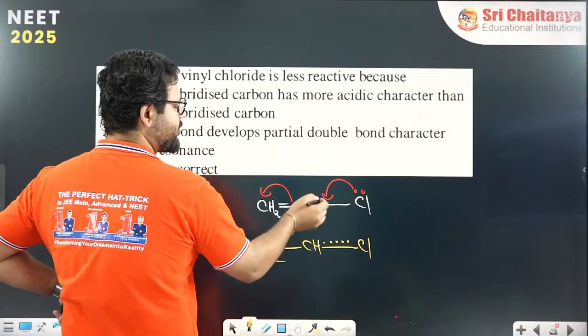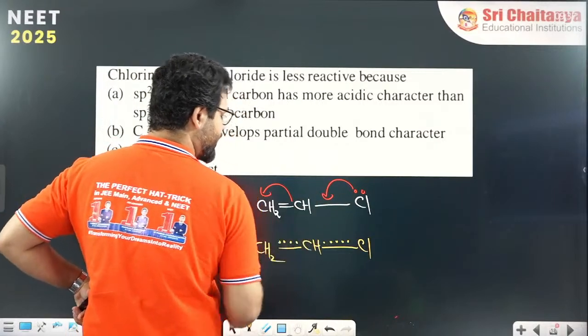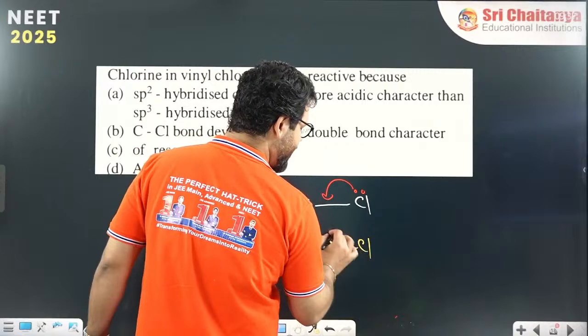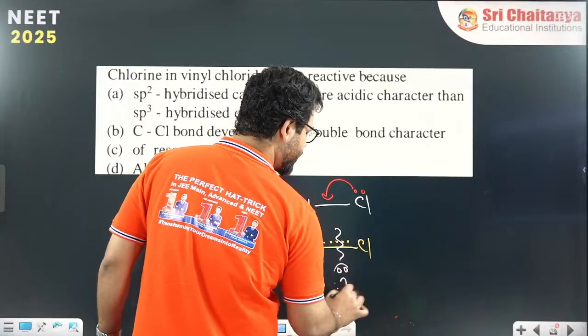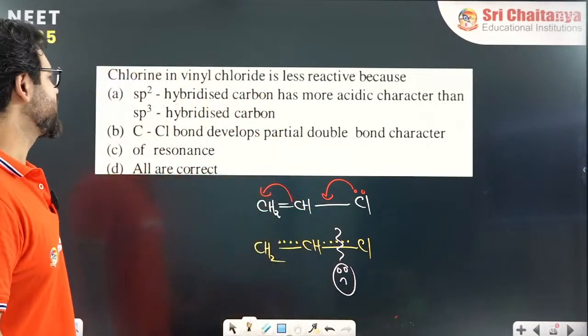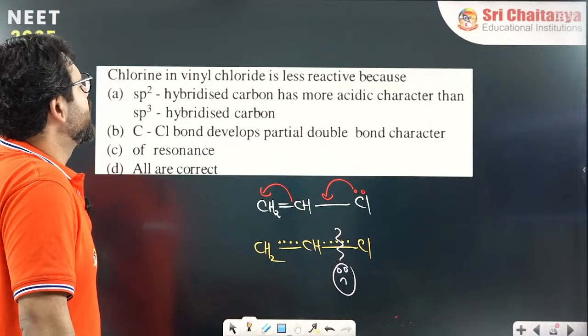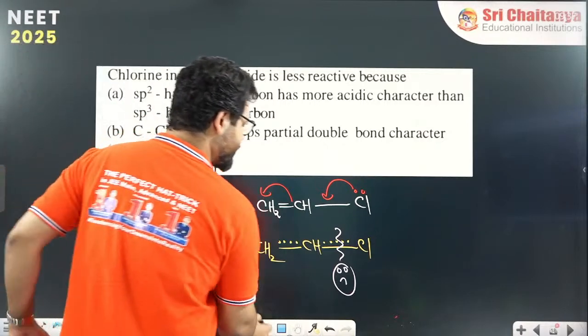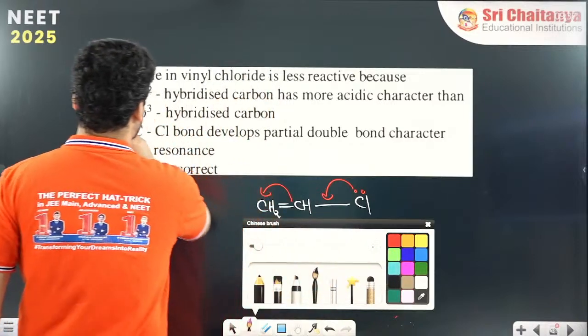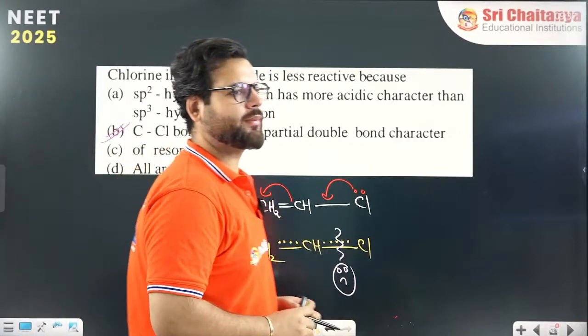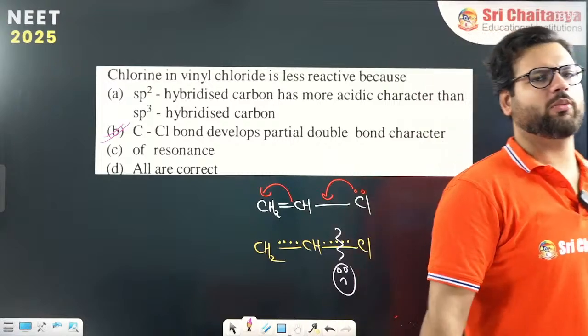So by resonance, this also becomes a partial double bond. So it becomes very difficult to break this bond. So it's the second option. The C-Cl bond develops a partial double bond character.